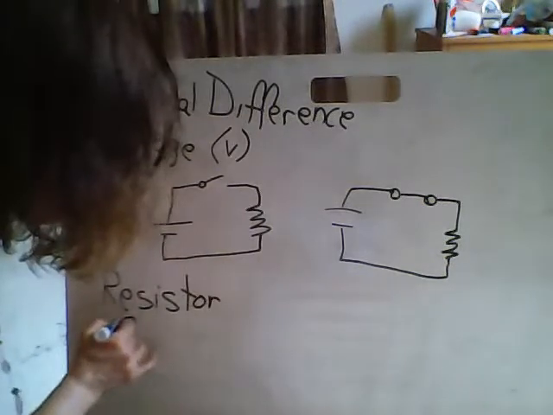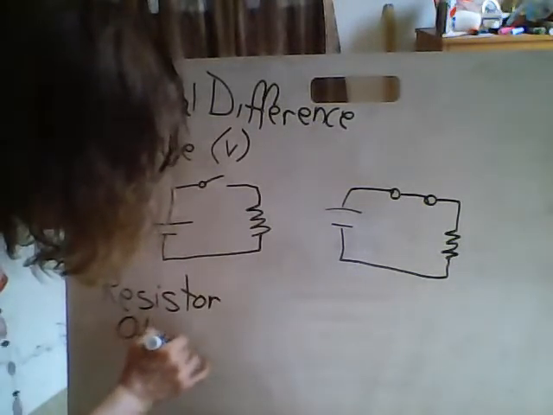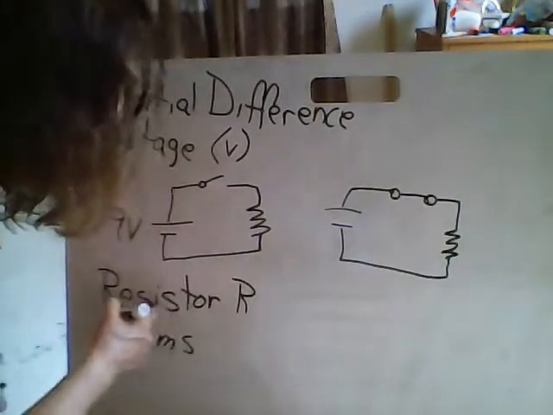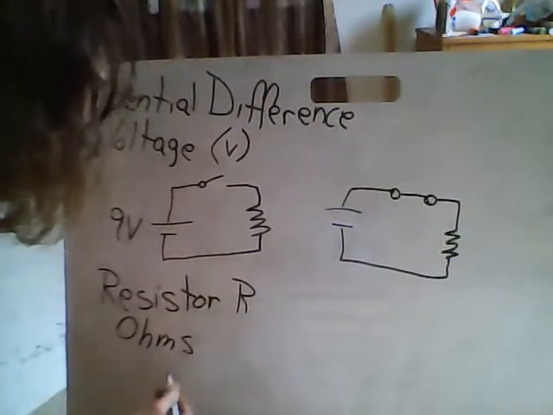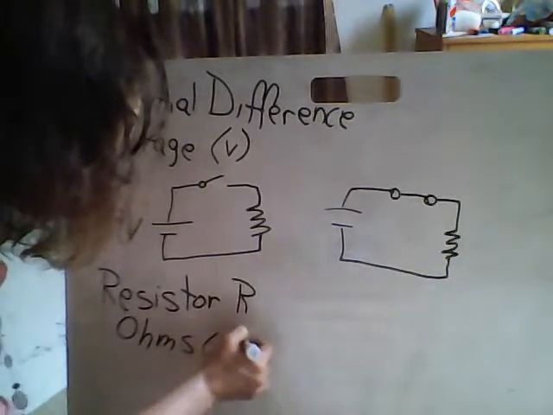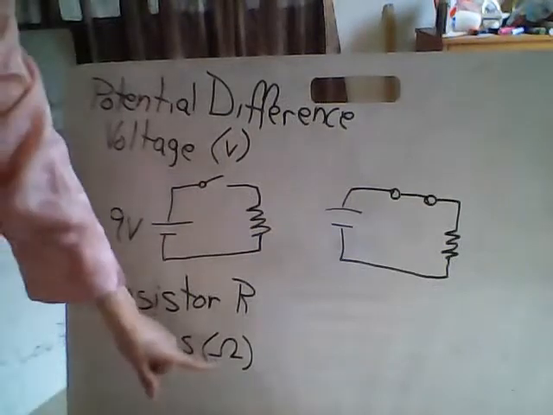The units are ohms. The letter that we use for resistor is R, but the units are a Greek letter, ohm. It's like a horseshoe. So resistance, let's talk a little bit about resistance.